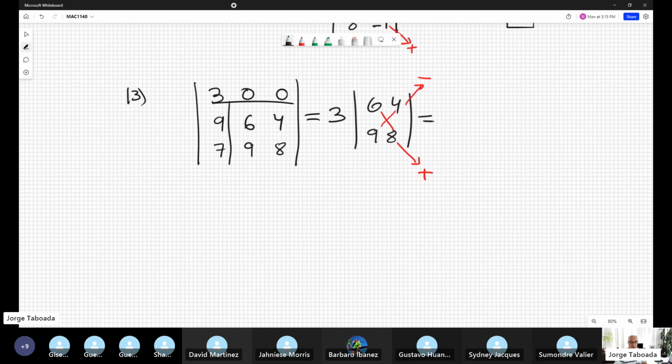So don't forget, 3 times parentheses 48 minus 36. 6 times 8 is 48. 9 times 4 is 36, but negative. When you subtract, it's 12. And when you multiply, now 36. Boom, final.